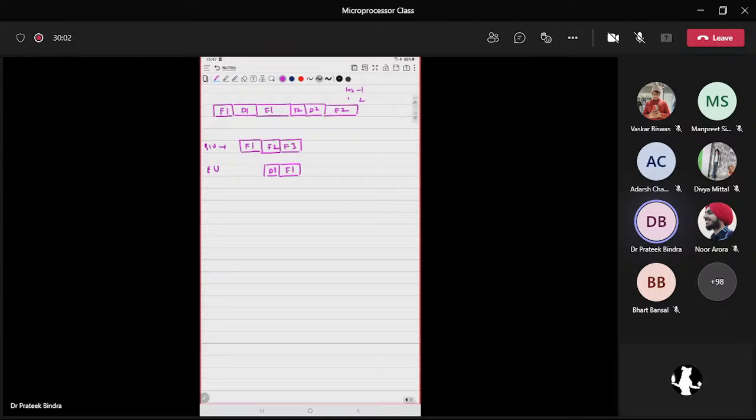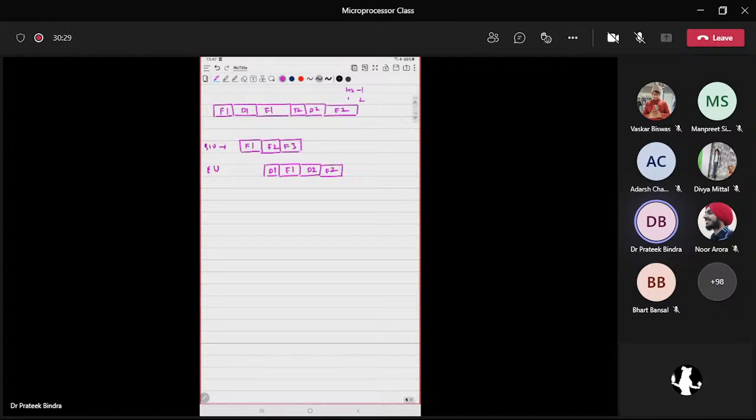Then my EU does not need to go again to the memory, because the next instruction is already present in the BIU. The BIU simply gives the instruction whenever it wants. Once the first instruction execution completes, the next instruction is already placed in the BIU, so the next part is simply to decode the second instruction and then execute it.